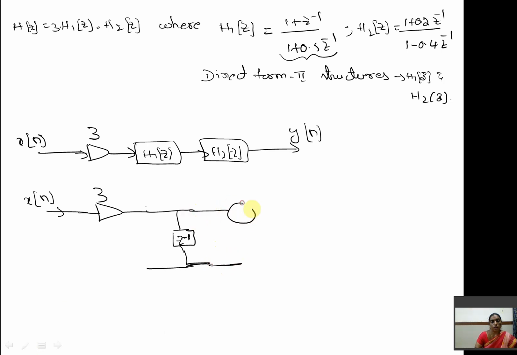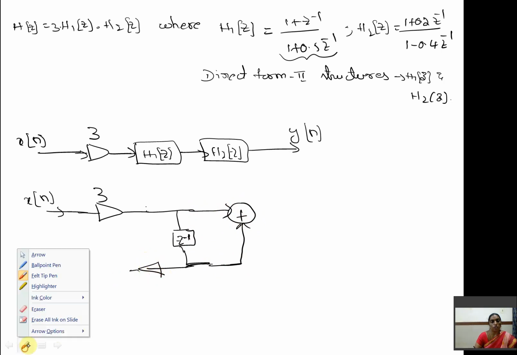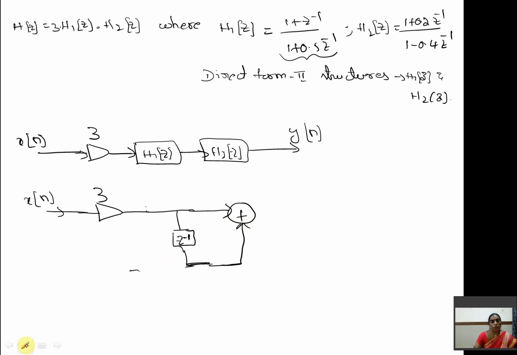Now here use the summer. Now here in the denominator place multiplier, that is value minus 0.5. Of course you know that inverse the sign. Then here use the summer. Here use the summer. In this way. Okay, so this is nothing but h1 of z.